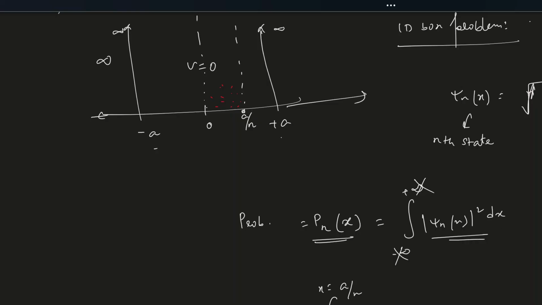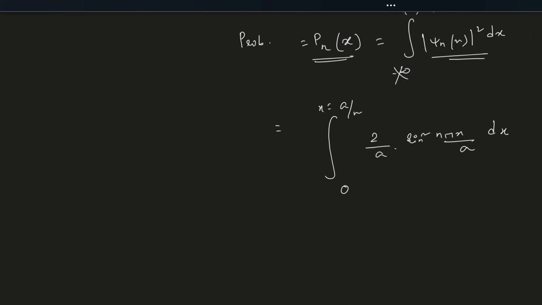And so psi n(x) whole mod squared is basically 2 by a sine squared n pi x by a dx, right? So this is equal to 2 by a.